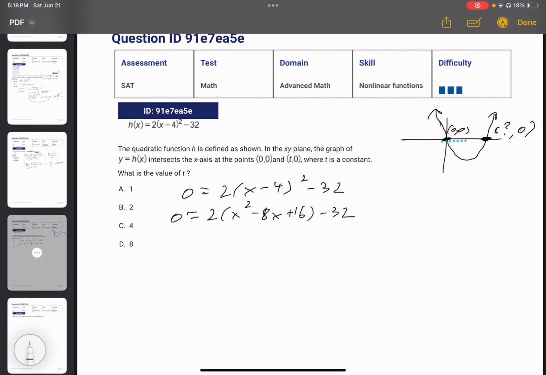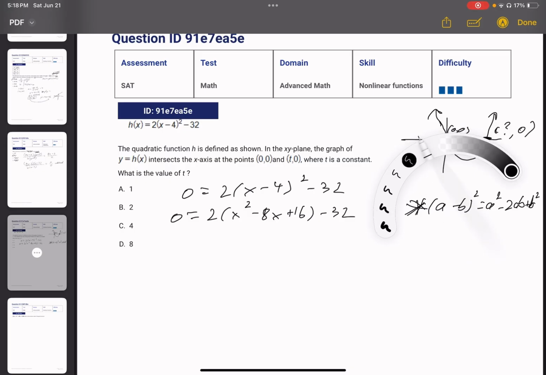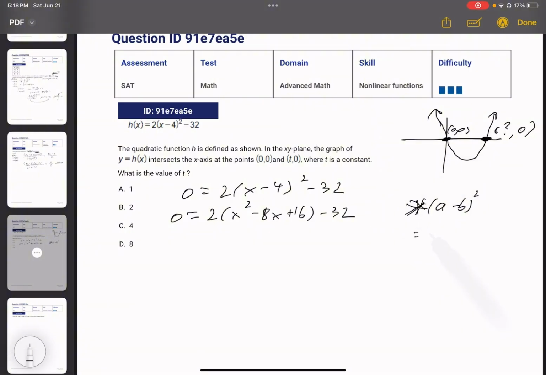What I did right here is just that a minus b squared is always equal to a squared minus 2ab plus b squared. I'm going to write that out a little neater for you guys. This is always equal to a squared minus 2ab plus b squared.